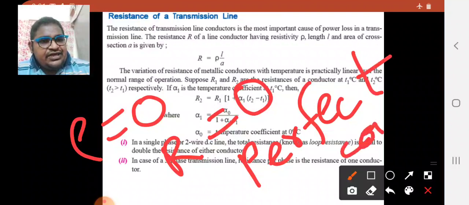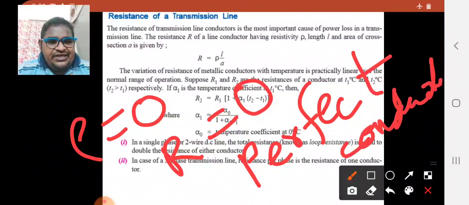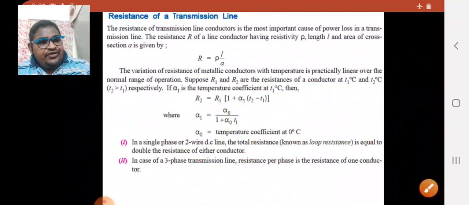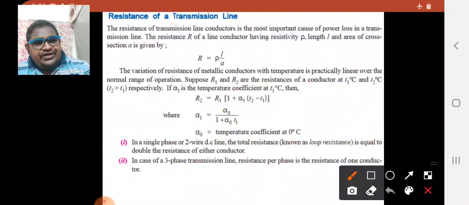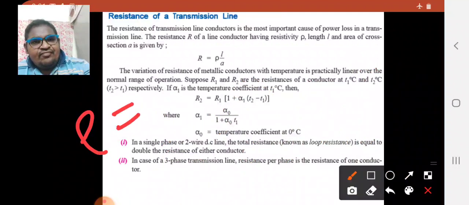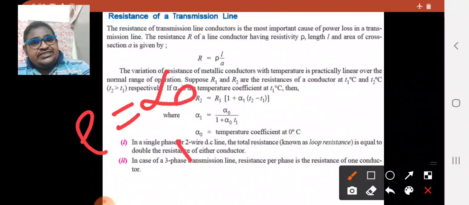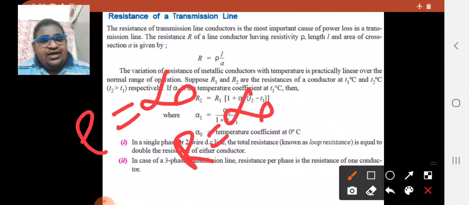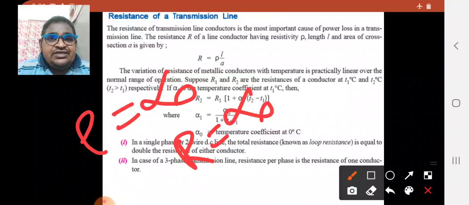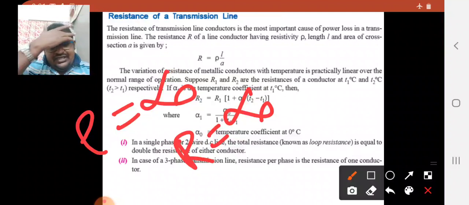When rho is equal to infinity, then R is equal to infinity, and that material is called a perfect insulator.